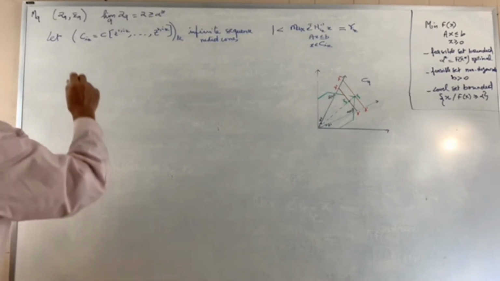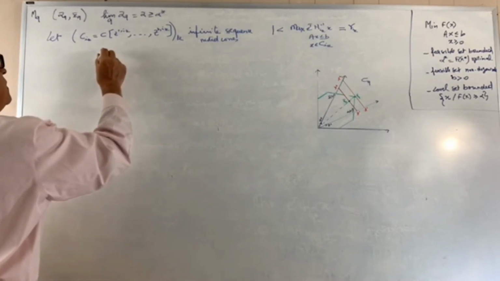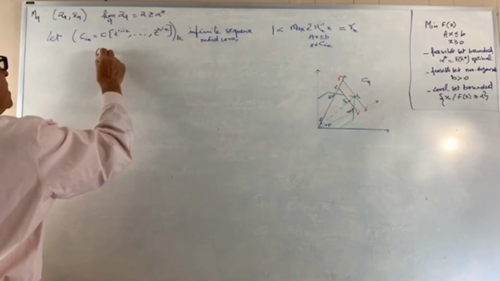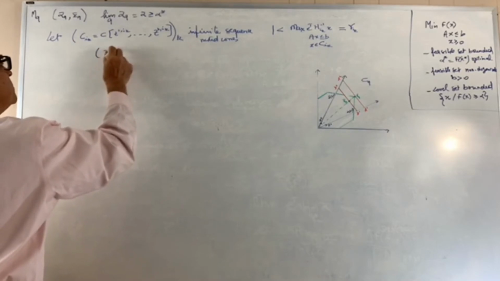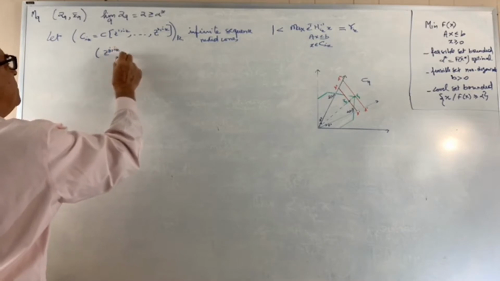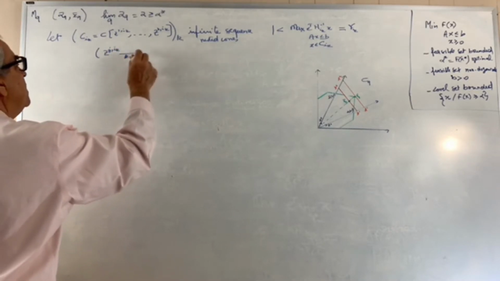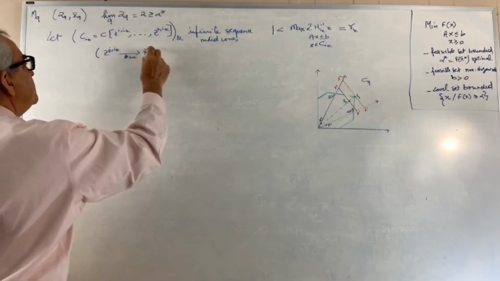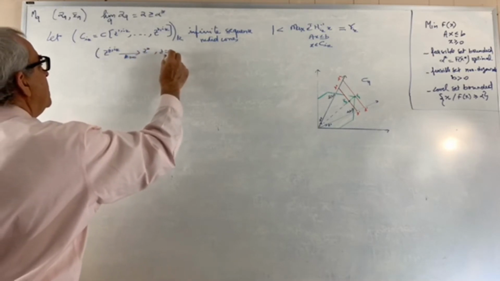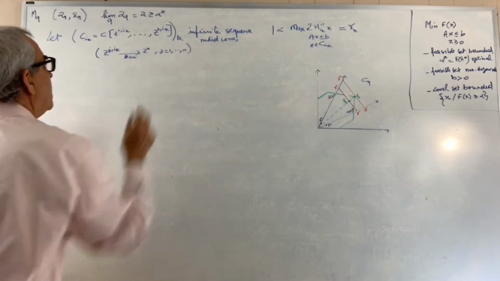Now, in lemma 1, we know that z_j^{I_k} converges for k going to plus infinity to z star, for j equal 1 to n. We got that in lemma 1.